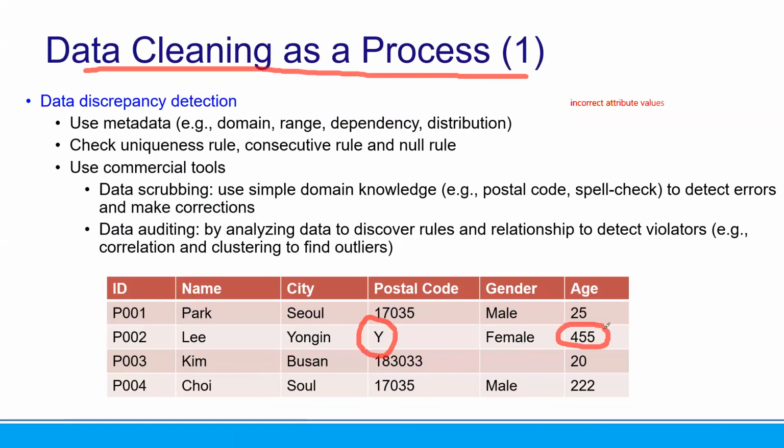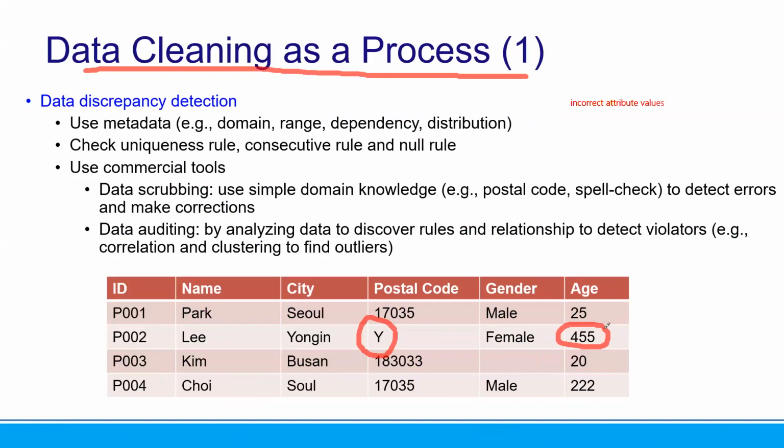So it is not in the particular range. We know that the oldest person in the world is maybe about 120 or 130. But it is impossible to get 445. So it is incorrect because it is beyond the range.